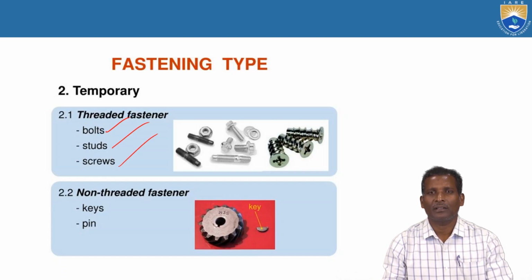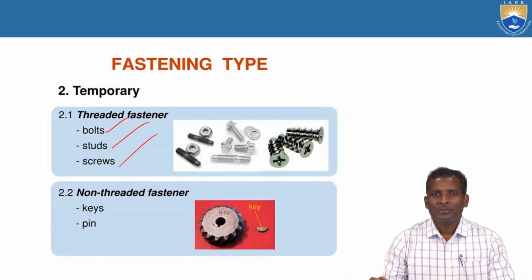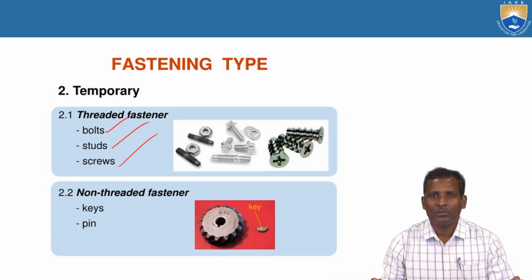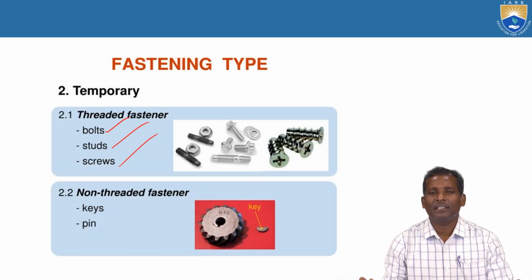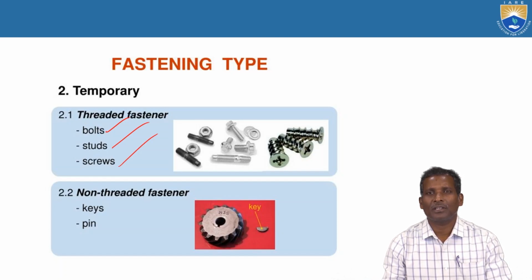If we want to connect two coaxial rods or two shafts, with the help of pins, keys or bolts you can assemble and join them. Today's screw type of joints comes under these temporary joints. One more joint is also there, the couplings. Couplings also come under temporary joints.